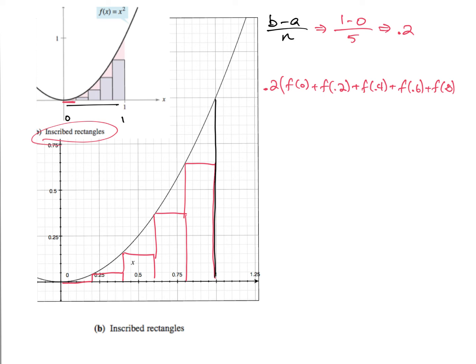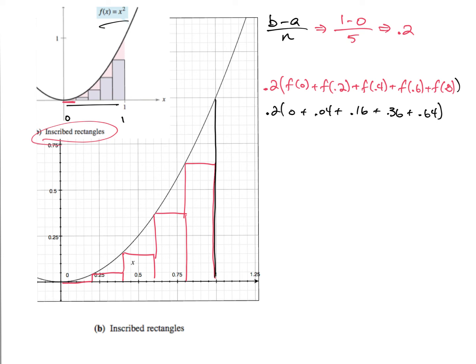All right? So now let's do a little bit of math. So 0.2 times, what is f of 0? I still have the function of x squared. I end up with 0. Plus, what is f of 0.2? 0.04. And then what's f of 0.4? 0.16. And then f of 0.6 is 0.36. And then f of 0.8 is 0.64. All right.